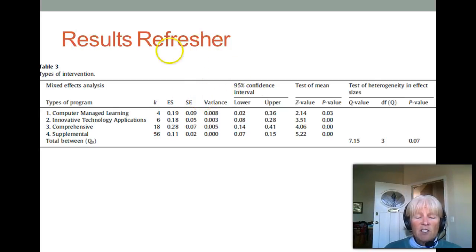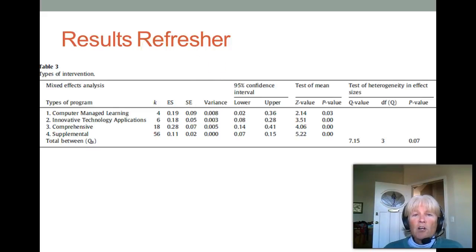In this case, there were 4 studies about computer managed learning, 4 studies about innovative technology applications, and so on. The ES is the effect size, which is what the meta-analysis actually calculates. Recall that the higher the value, the greater the impact of that particular application. So higher values are more of an impact.